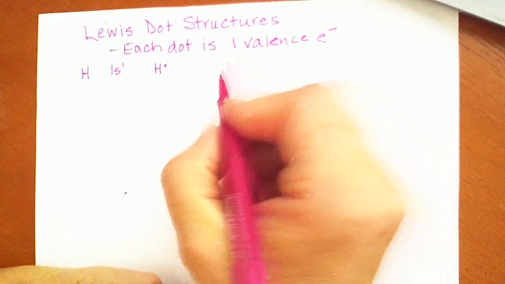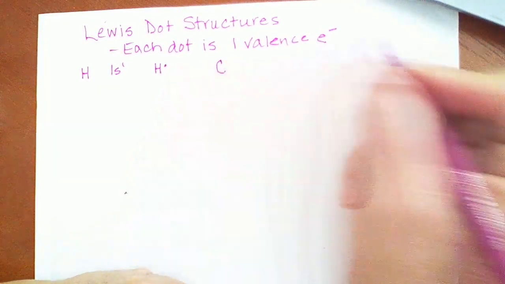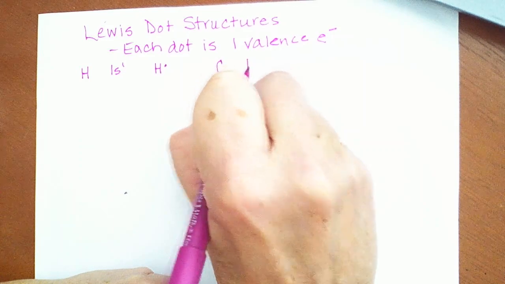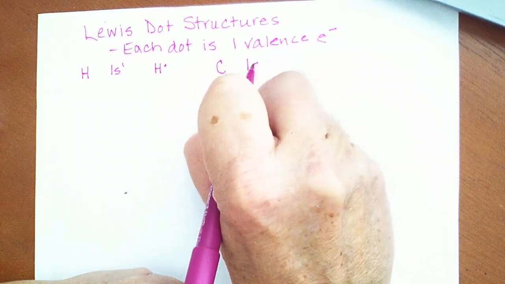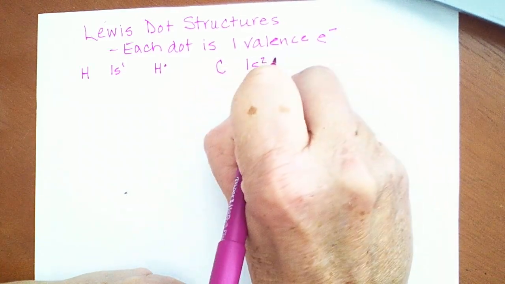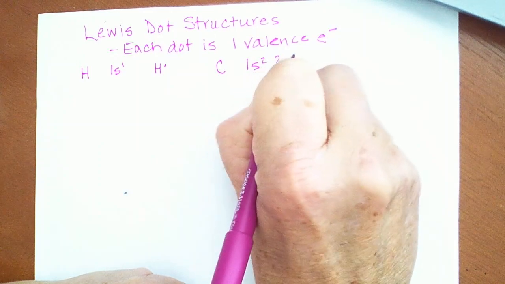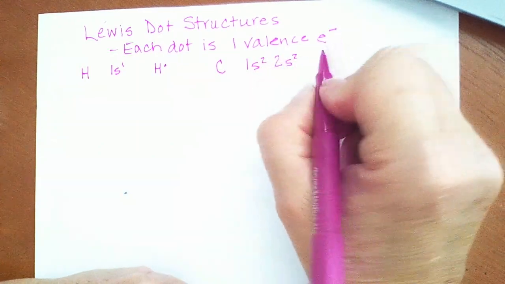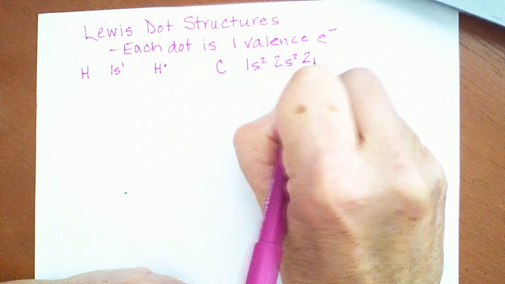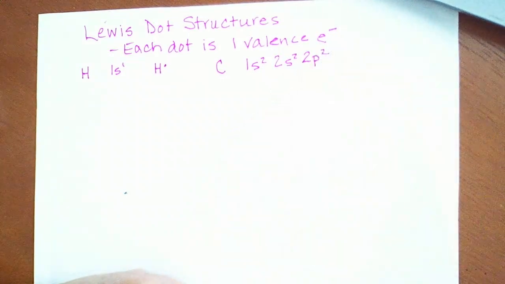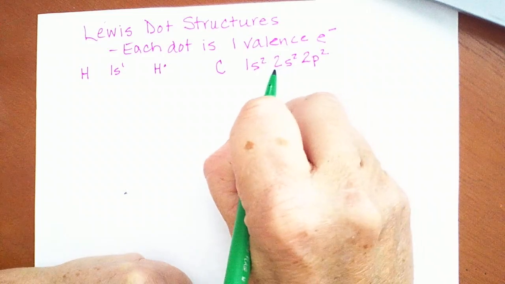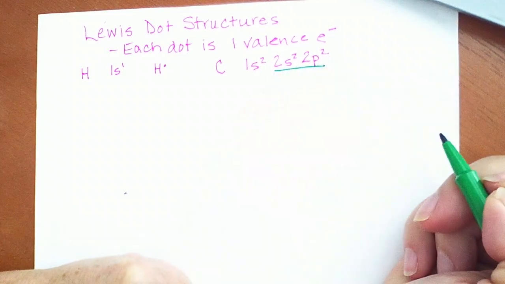And if we looked at carbon as an example, the electron configuration would be 1s2, 2s2, 2p2. Now we're only looking at the valence electrons. So the valence electrons, remember, they're the outermost, so that would be here, valence.